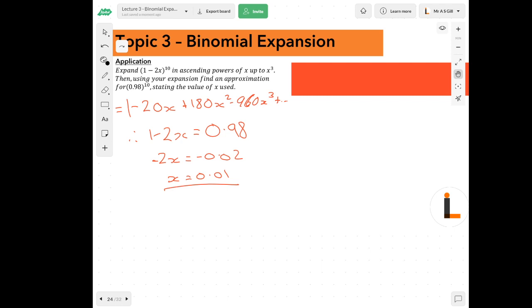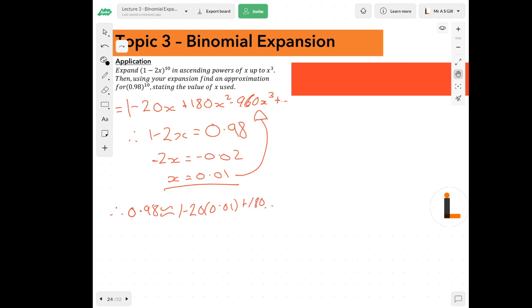And then when it says use your expansion to find an approximation, what we're doing is substituting that into the expansion that we've just found, and saying, therefore, 0.98 to the power of 10 is approximately 1 minus 20 times 0.01 plus 180 times 0.01 squared, and so on.